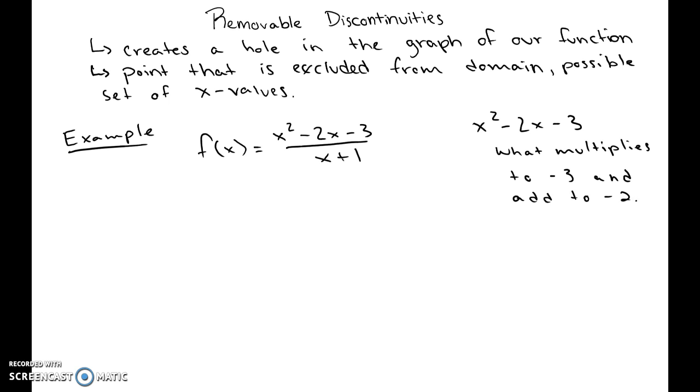The answer is negative 3 and positive 1. So when we factor that, we're left with (x minus 3)(x plus 1). We can replace our numerator with (x minus 3)(x plus 1), so we'll go ahead and do that.